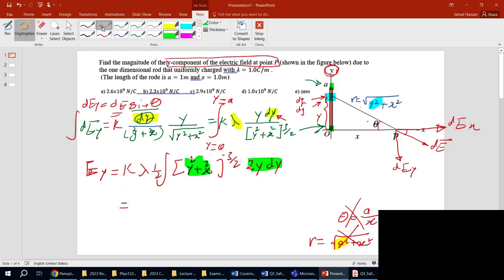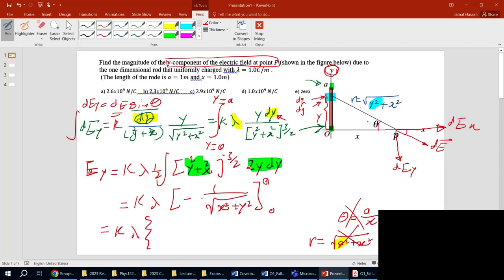So the final answer simply is equal to k lambda times minus 1 over the square root of x squared plus y squared, from 0 to a. Because you have a minus here, I could just switch the terms. So instead of y, you plug in a and then plug in 0.